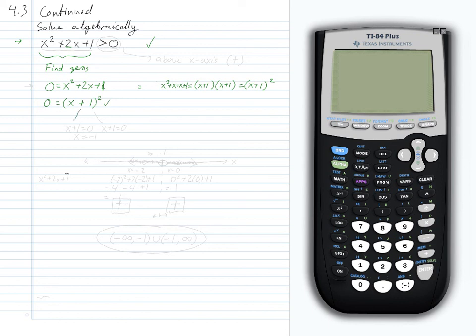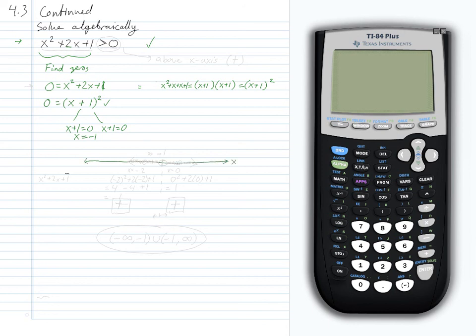And then I can say that x plus 1 equals 0, or x plus 1 equals 0. It's kind of silly to say it twice, seeing as our only solution is x equals -1. So the only critical number, the only number that's actually on our number line when we go to solve this algebraically, is going to be -1.